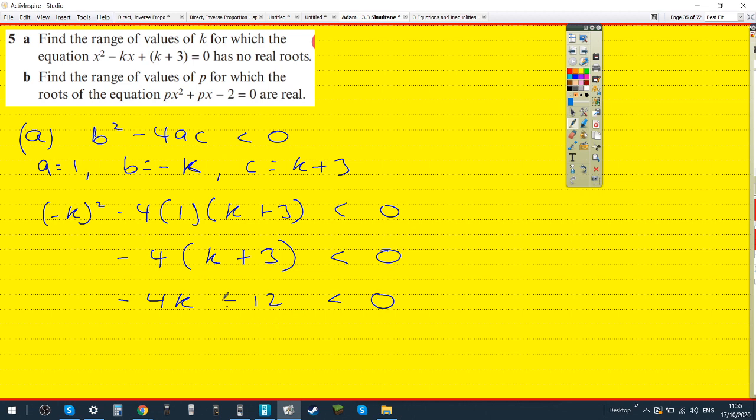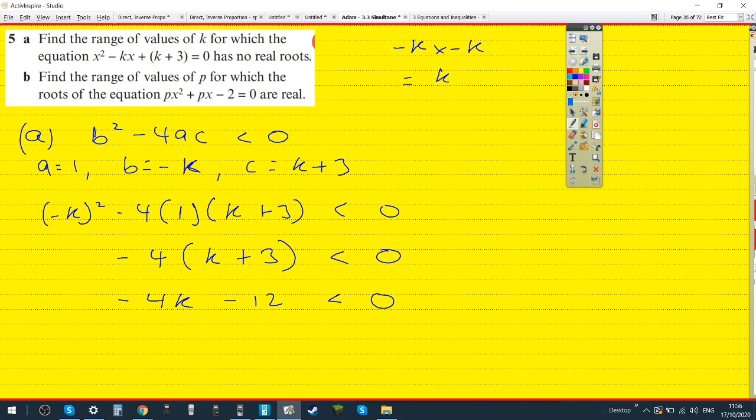Yep. We started with a minus K squared. What about that? Do we put that back into the equation? What is minus K squared? Is that just K? What is minus K times minus K?